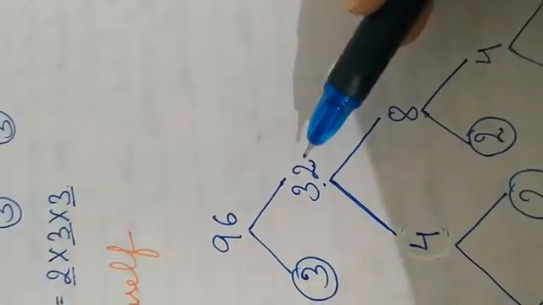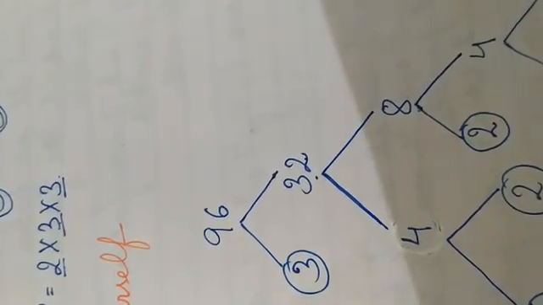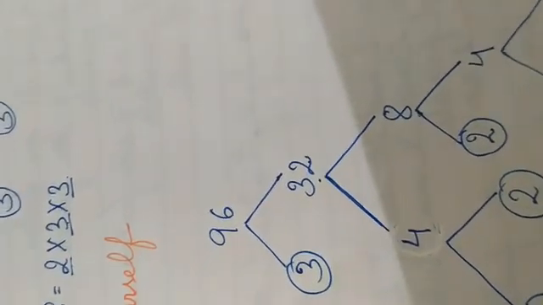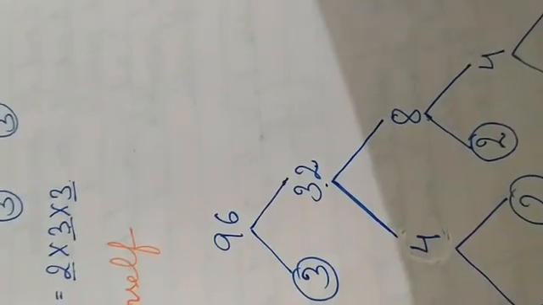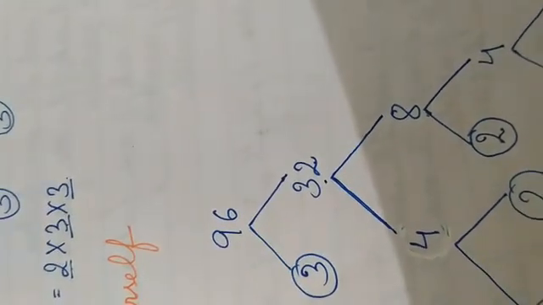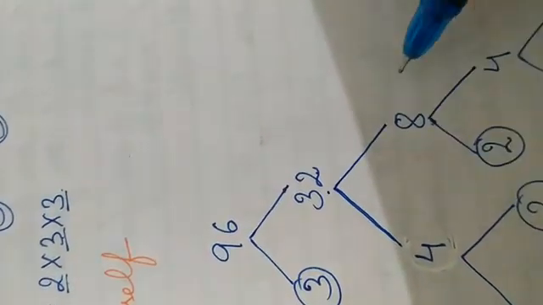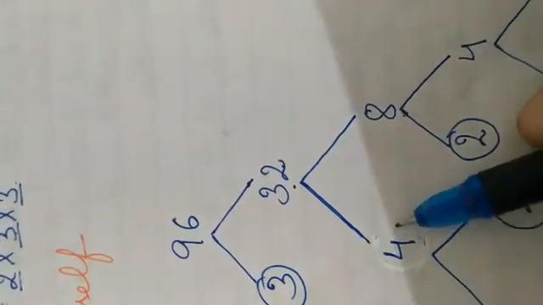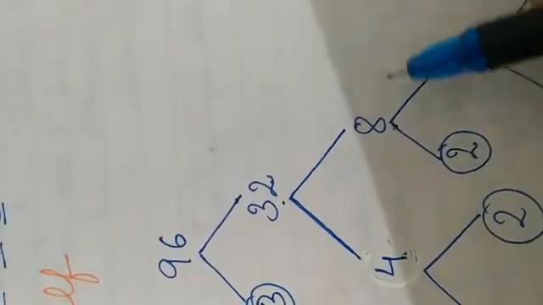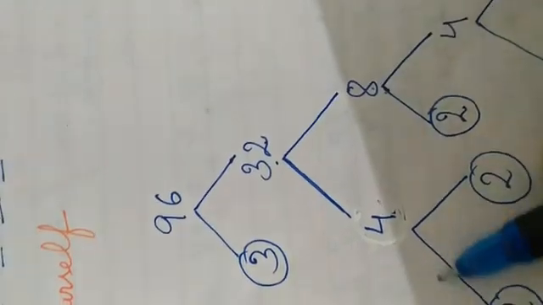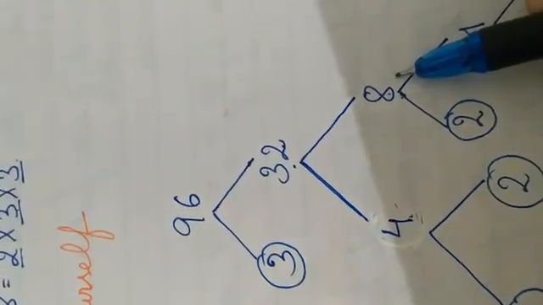Then next, 32 comes in 4's table. Generally we see the smaller numbers' table, yes or no? So that is 4 into 8. Now 4 is a composite number, and 8 is also a composite number, so here we have not got any prime number.